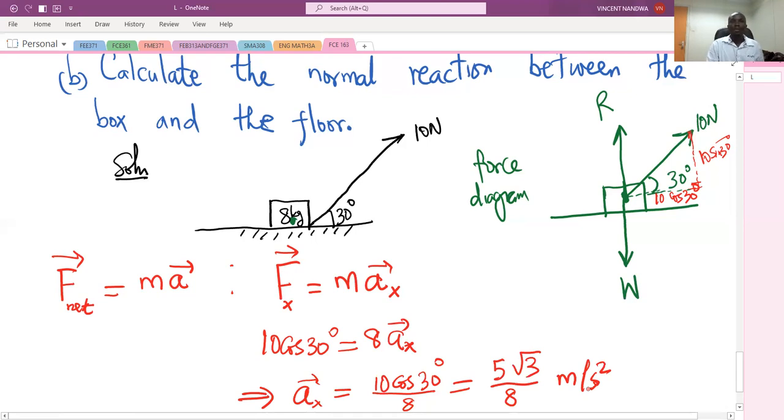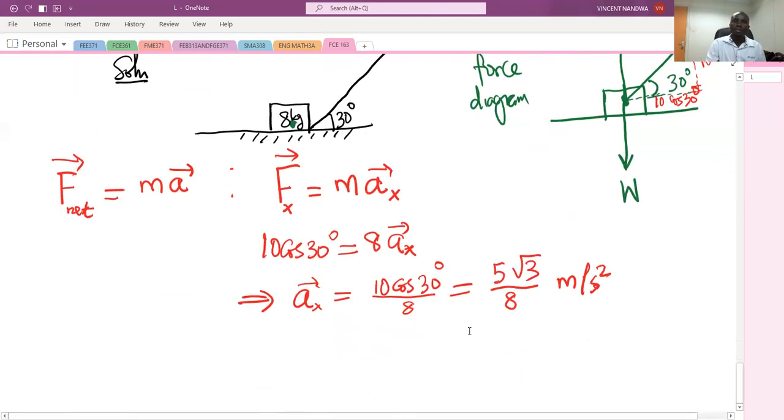Part B is to calculate the normal reaction between the box and the floor. Now, resolving vertical forces, the net force in the vertical direction is the same as mass times acceleration in the vertical direction, by Newton's second law of motion.